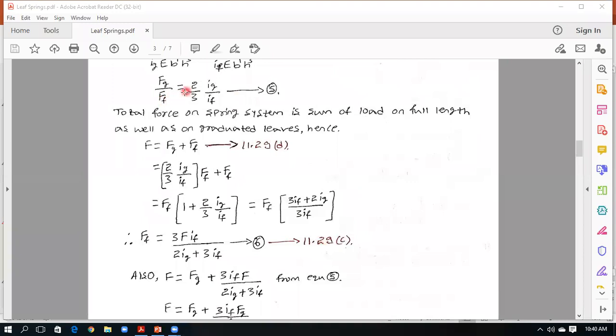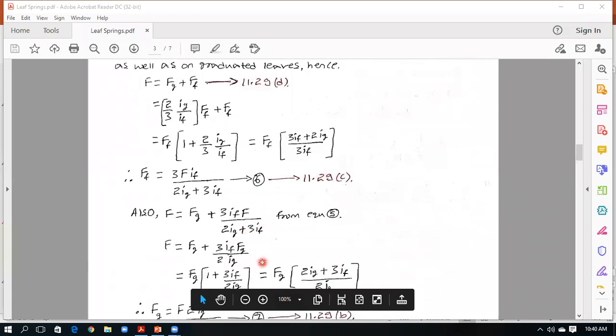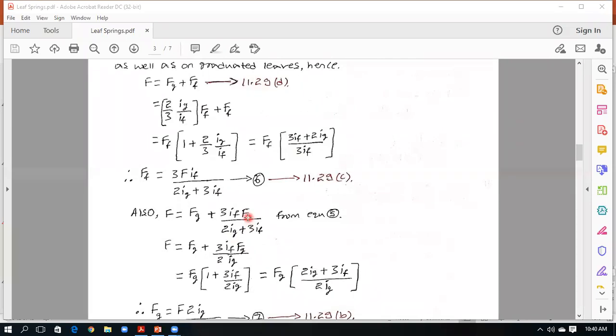Take this F_f to the right hand side. This will be 3/2 times I_f by I_g. That's what I have substituted here. F_f is equal to 3 I_f F_g divided by 2 I_g plus 3 I_f. Actually, this is F_g. Here it is missing. You need to note it as F_g.